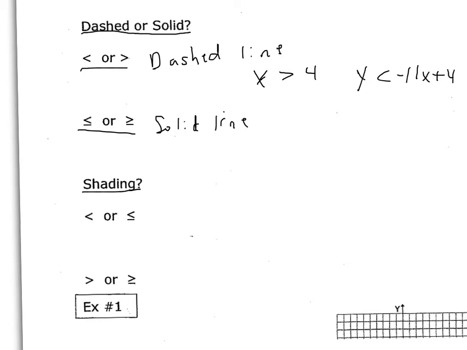Some examples would be y is less than or equal to 8, or y is greater than or equal to 1/4 x minus 2. As long as you have a less than or equal to or a greater than or equal to, you will have a solid line. So that is your dashed or solid line.